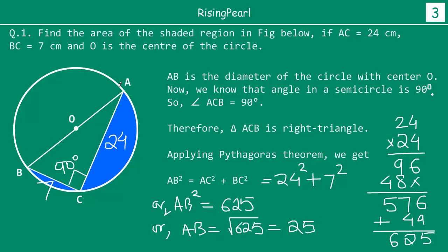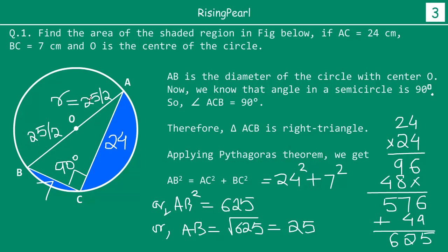So AB is 25. That means this value is 25 by 2 and 25 by 2. Because AB, which is the diameter, is 25. So each length is half of the diameter. So our radius, in other words, the radius is equal to 25 by 2.